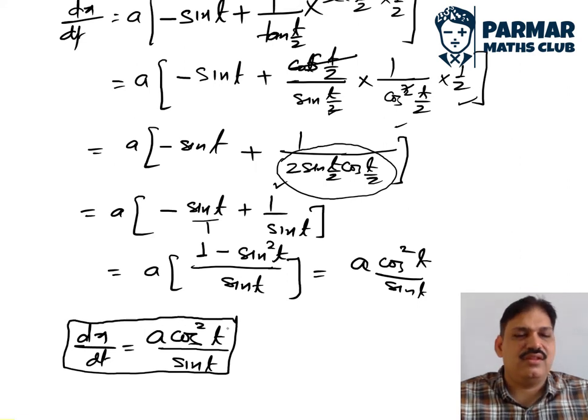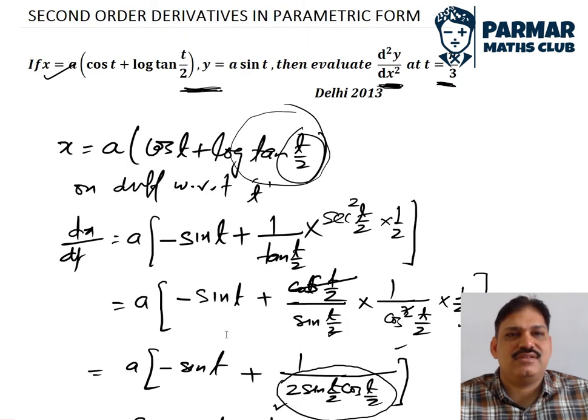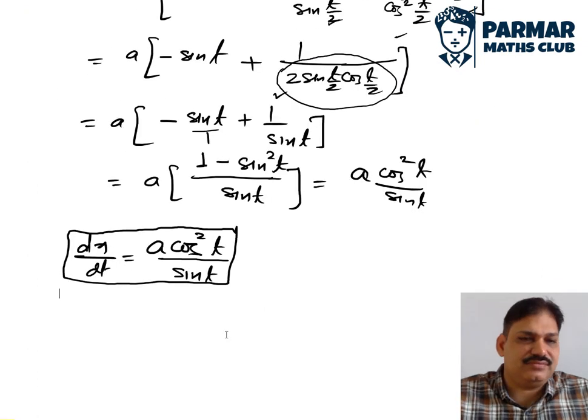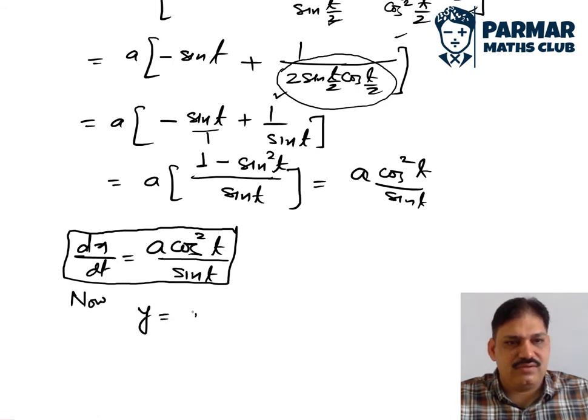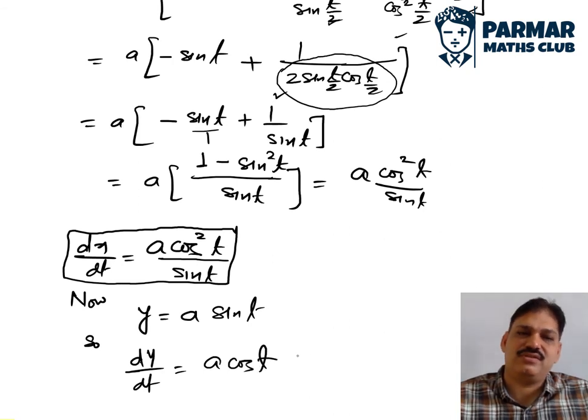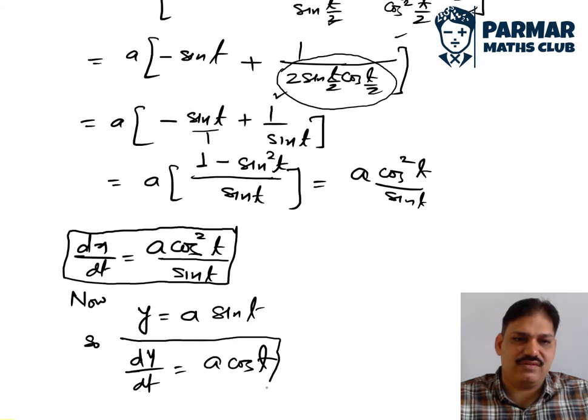Alright, now we go for y. Y is simply here a sin t. So y is equal to a times of sin t. So derivative of y with respect to t is simply a times of cos t. So we have got derivative of x, also derivative of y.